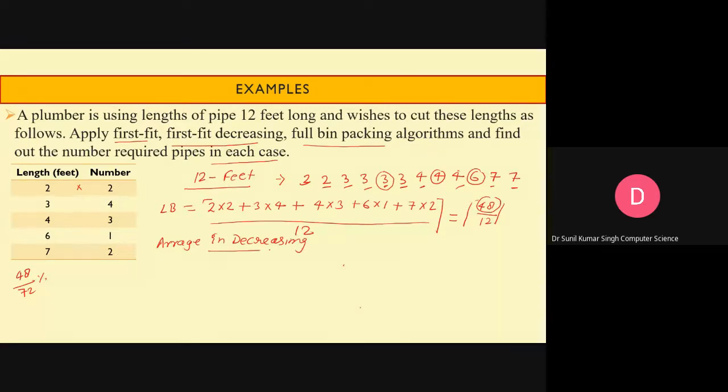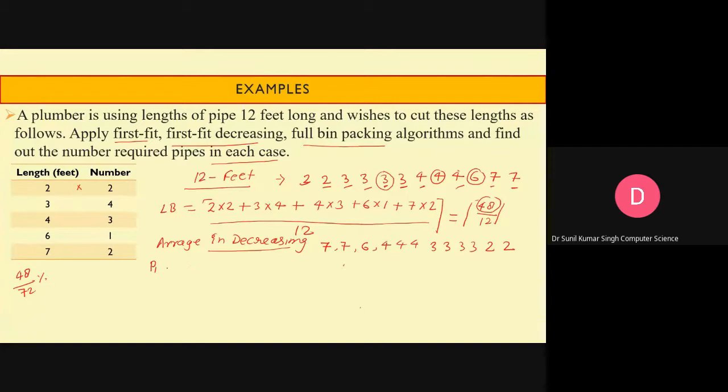So here: 7, 7, and then 6, and then 3 times 4, and 4 times 3, and then 2. Now use the pipes P1.